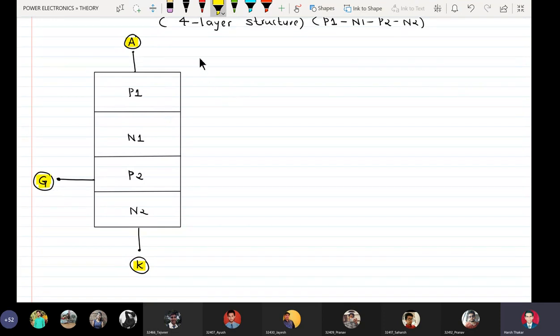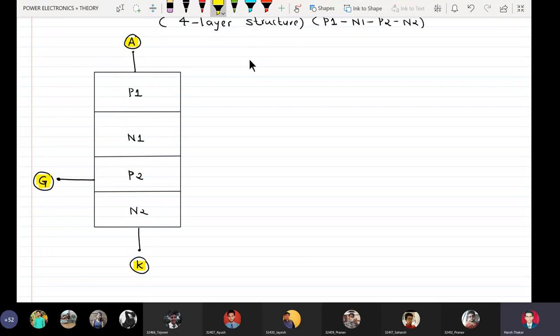Okay, students, now understand this. Just mask the lowest layer N2. I repeat, just mask the 4th layer N2 and you will realize that we have a PNP transistor consisting of 3 layers, P1, N1 and P2. Now secondly, mask the uppermost layer P1 and you can see there is another NPN transistor comprising N1, P2 and N2.